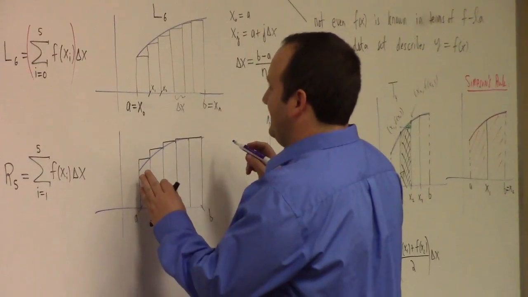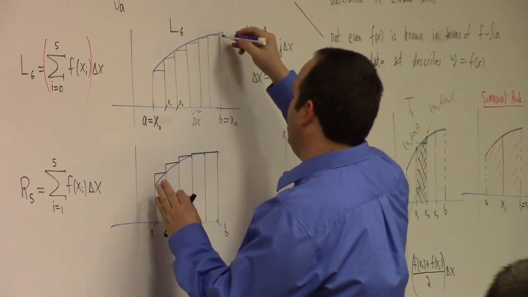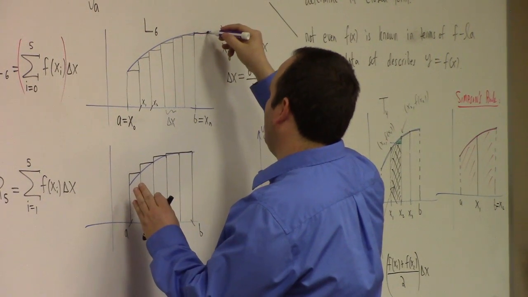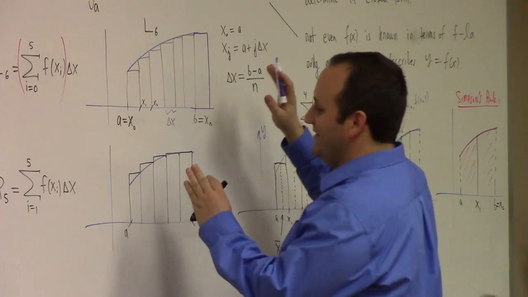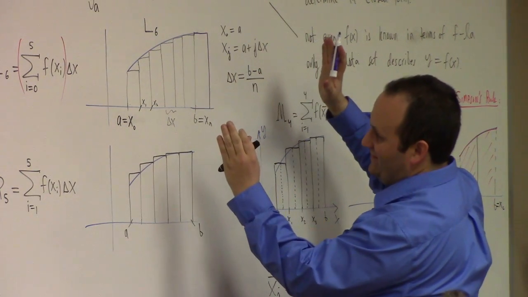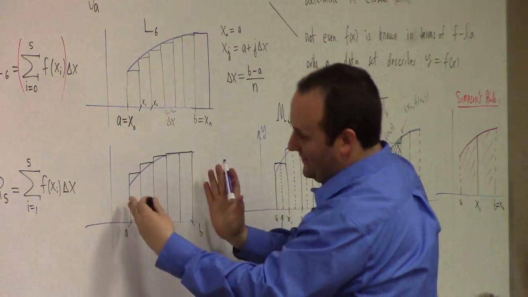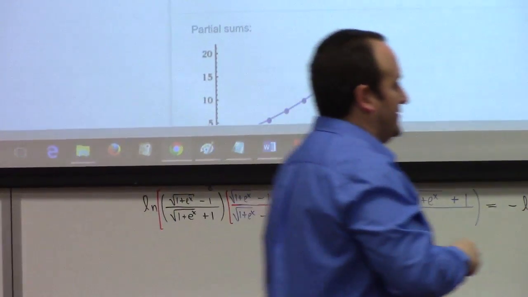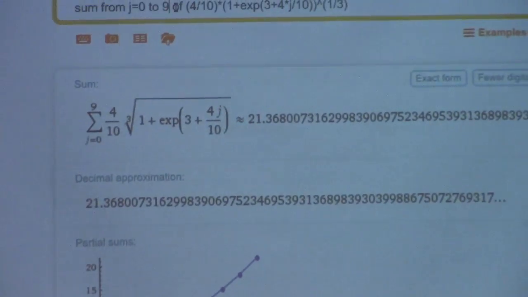You could think about adding one more here like that, right? And if you take this pattern and you just push it over one, you get this. Or if you push the other one the other way, you get that. They're very closely related, the left and right endpoint rules.